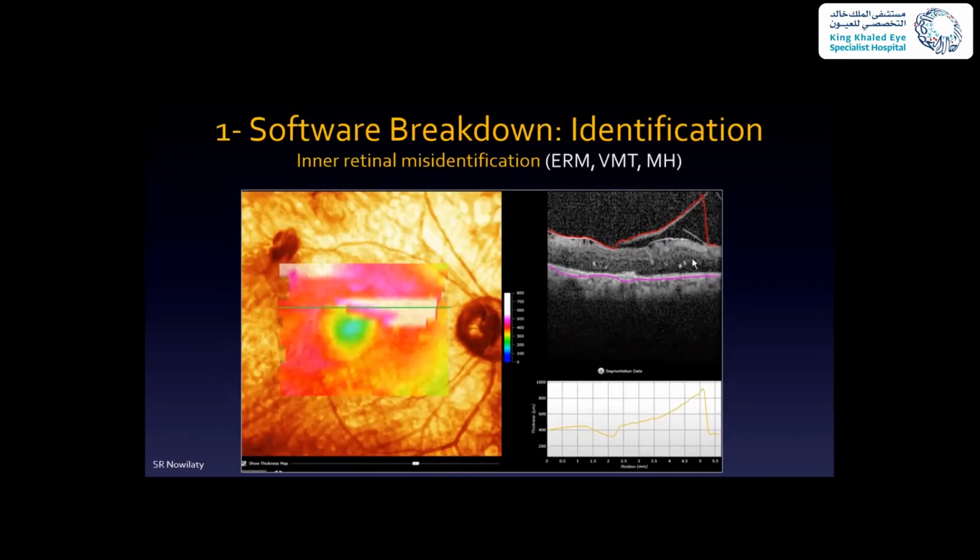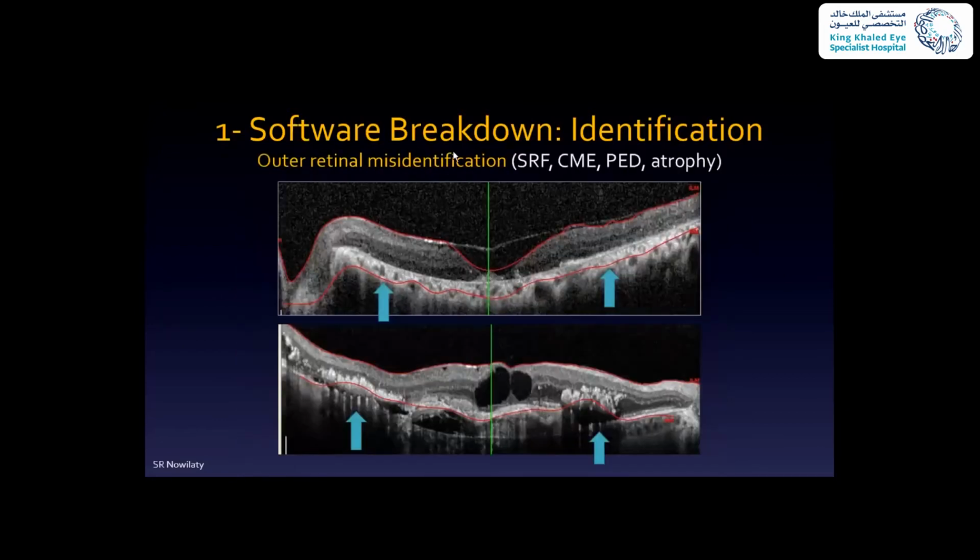So you end up with a huge area of thickening, which translates on the map as white or red, and you think, whoa, this is a very thick retina. In fact, no. What happened here is the software just put the segmentation line wrongly. So you always have to look at the line scans and the segmentation before you judge a map, before you say yes, there is retinal thickness or not. So here you have a huge thickness, and of course, this is a wrong map. Again, same thing.